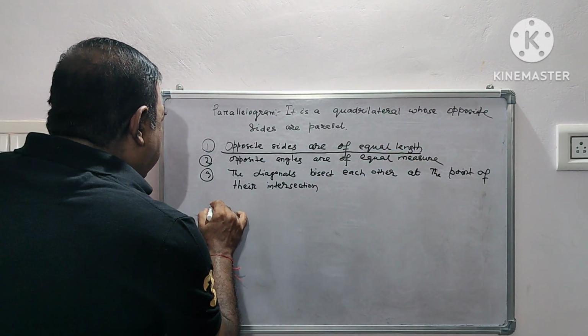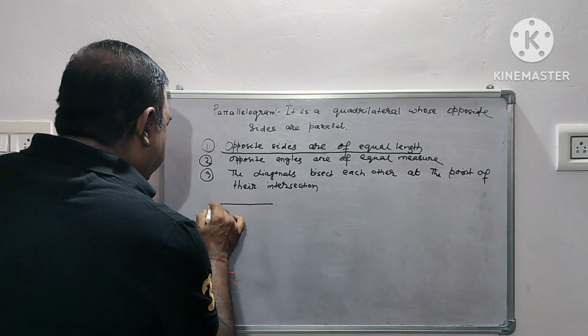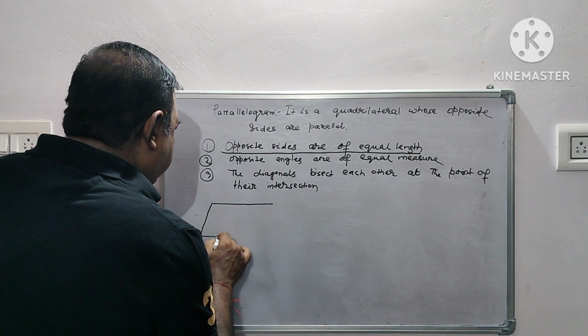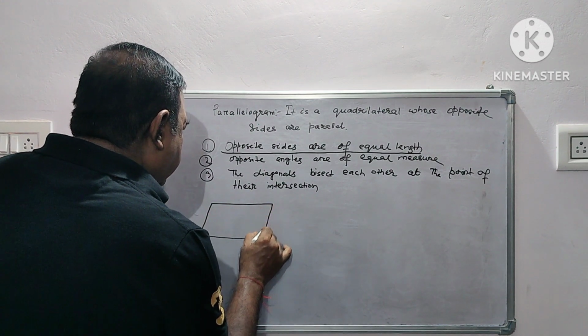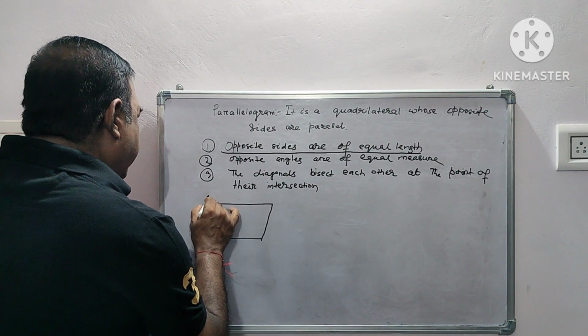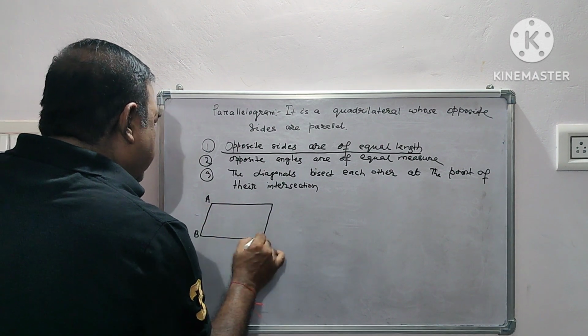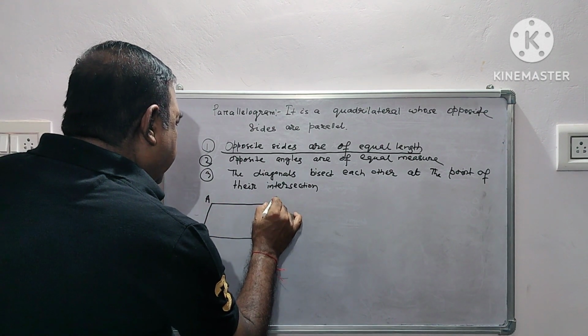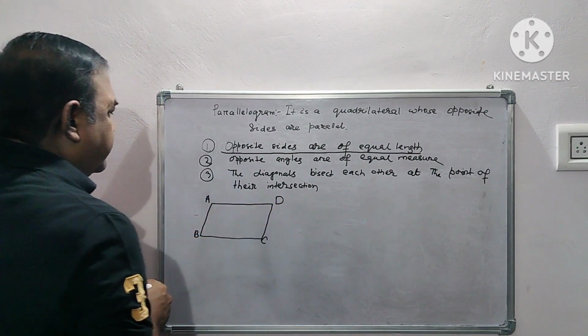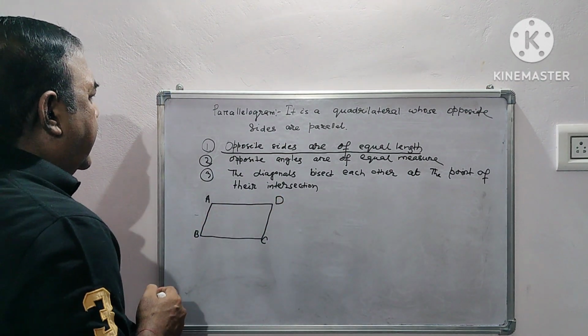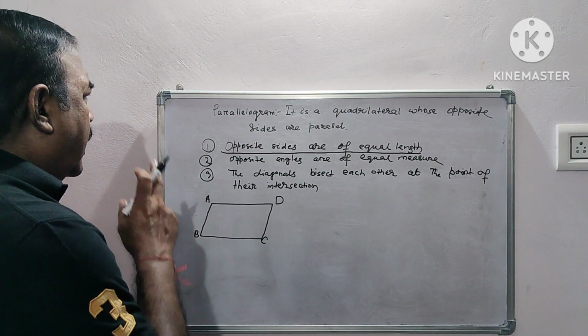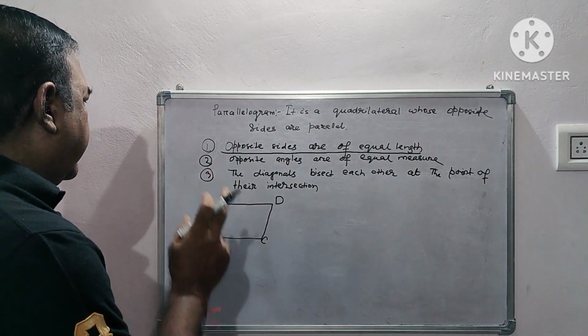Let us draw a parallelogram. So ABCD be the parallelogram. And we have to prove opposite sides are of equal length.